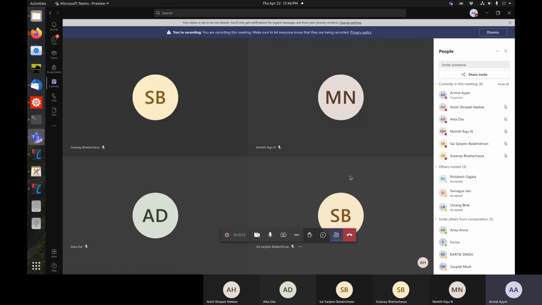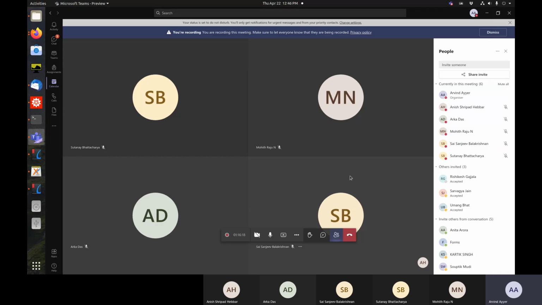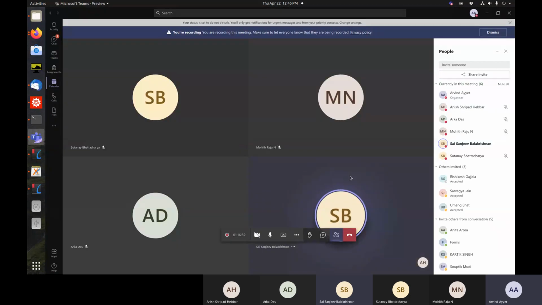Can someone tell me what kinds of orbits there are here? There'll be singletons, yes. And then we'll have tripletons, iij, iji, jii. Yes, that's right.